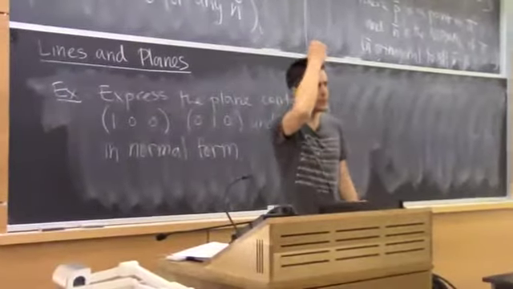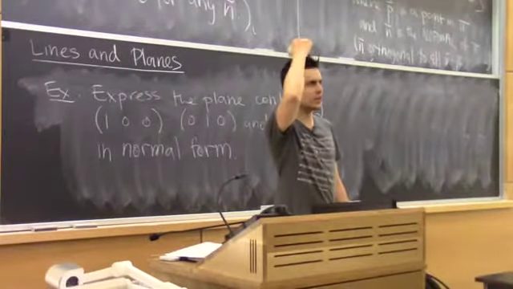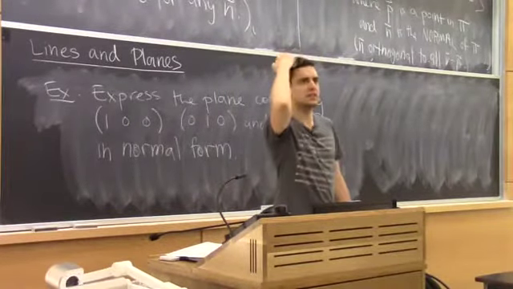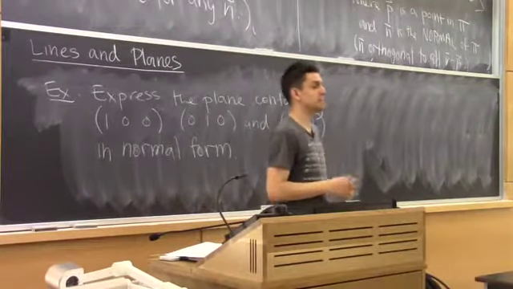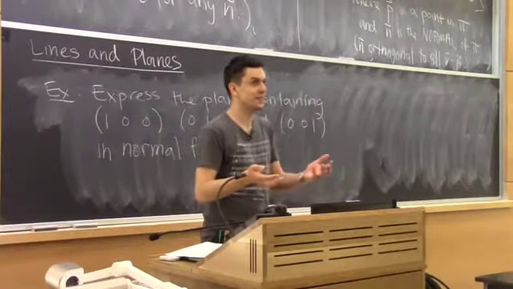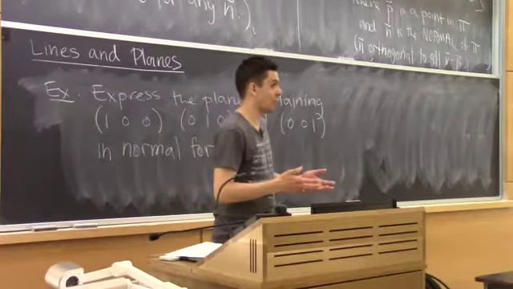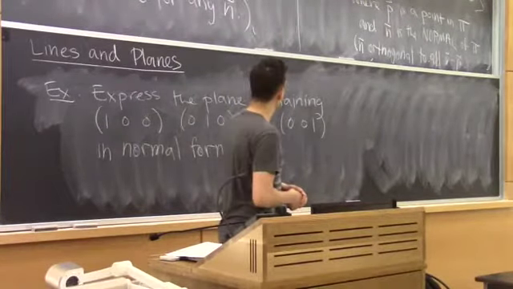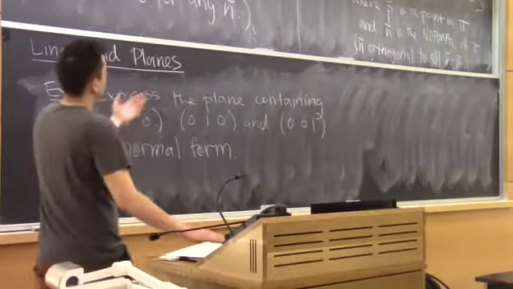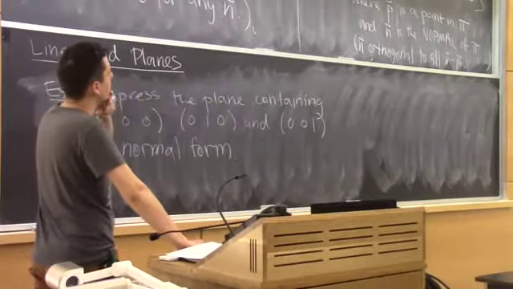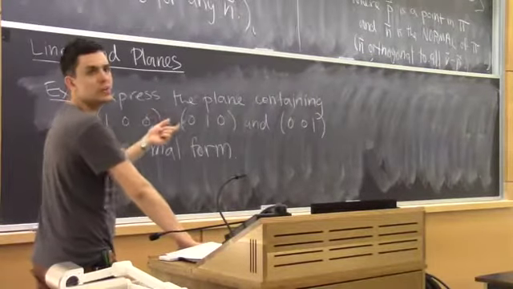So what was the difficulty with this question? What's the hard part? Where did people get stuck? Okay, so what do we need? Well, to do normal form, we need a point and we need a normal.